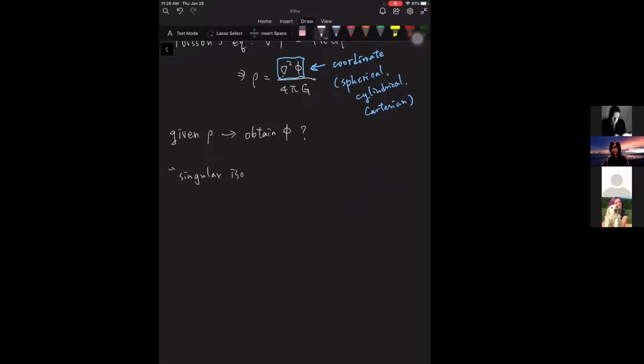For a singular isothermal sphere, the density distribution should be proportional to the inverse square of r, right? So that would give us some rho naught constant divided by r over r naught squared, where r naught is a constant.